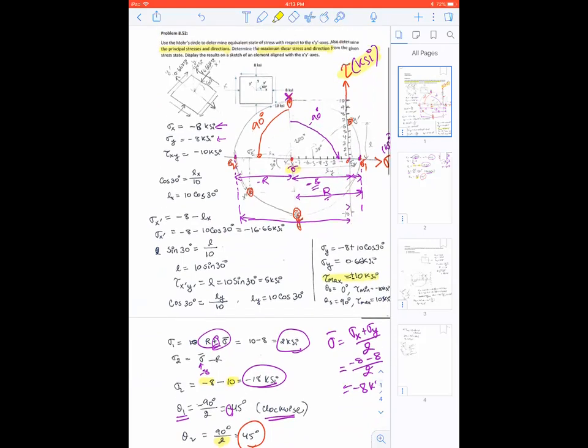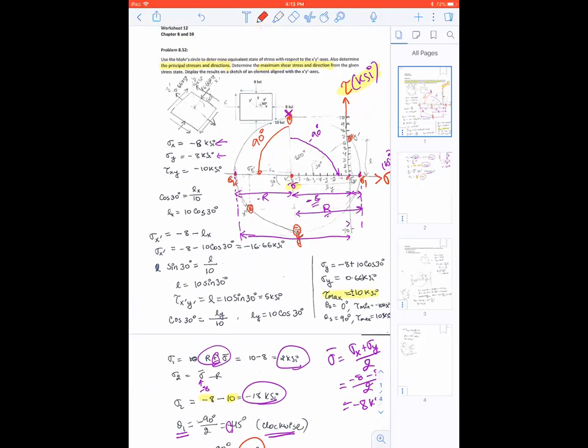Okay, and how much is the shear? So if you look carefully, for the x-axis, this is the point where you see maximum shear stress. The x face by itself tells me that.